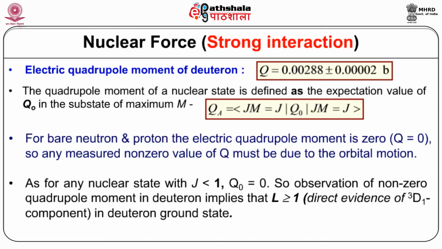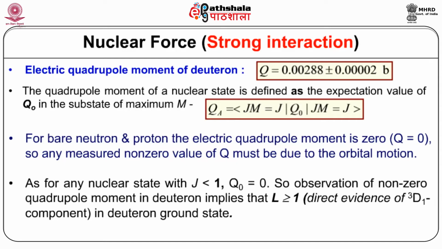So in this slide, what we have learned is that experimentally the deuteron is found to have some quadrupole moment, and from our quantum mechanical theory we know that for any state with J less than or equal to 1, the quadrupole moment is 0.